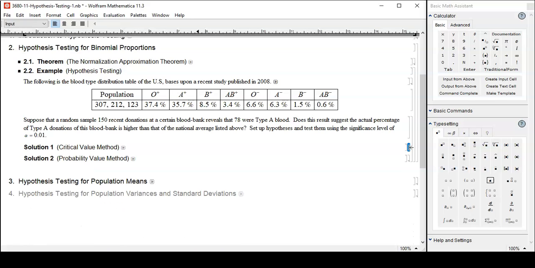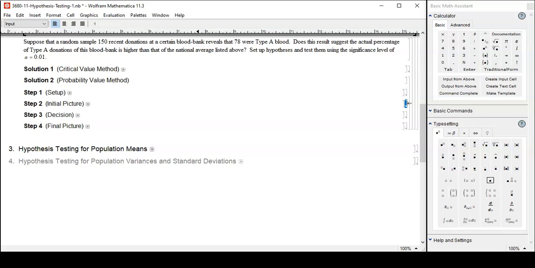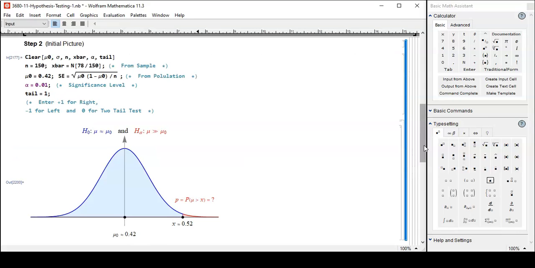Now, what if we use the probability value approach? Same setup, but here null is 0.42 and we just go directly with 0.52. And then we want to find out this probability and compare this red probability with alpha. Greater than alpha, then null wins.